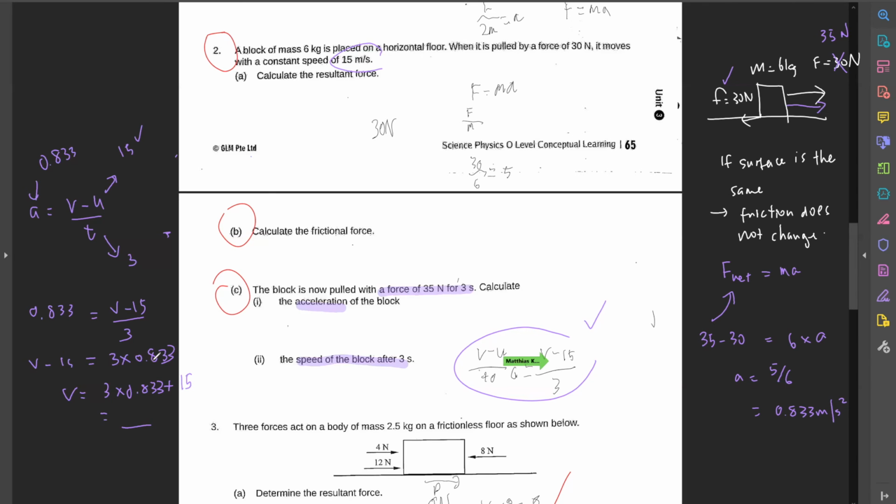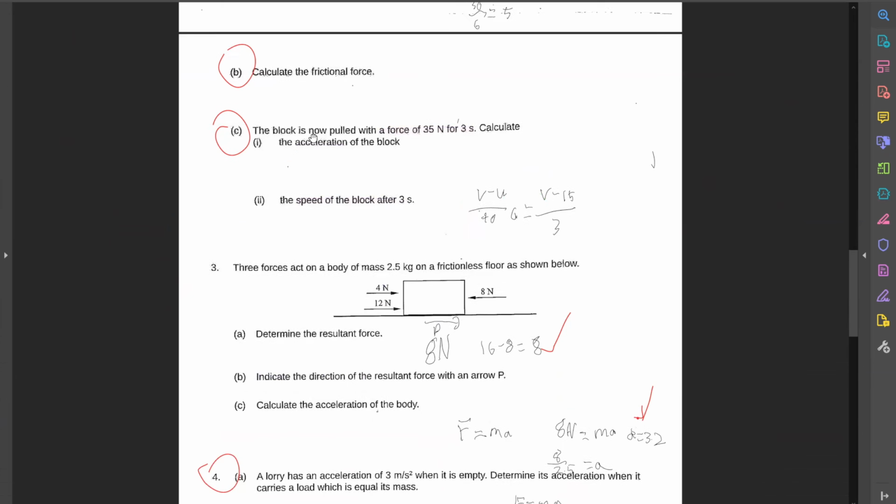Like that. 7.4. 17.499. Yeah. So it's 17.499. Then we'll just leave it at 17.5 meter per second.